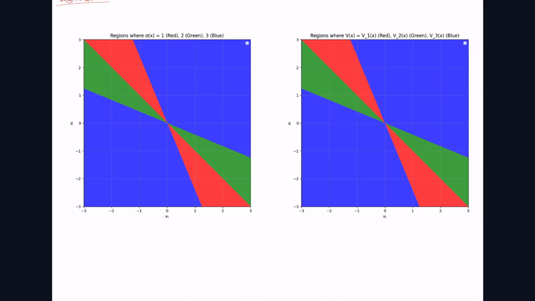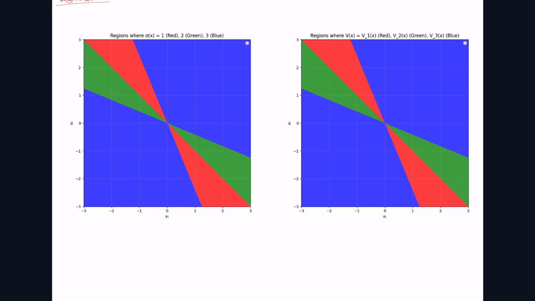Here, this is the final part. We have a system where red corresponds to system number 1, subsystem number 1, green 2, and blue 3. We wrote down a Lyapunov function using this max-min structure, and we came up with 3 P terms, P1, P2, P3.